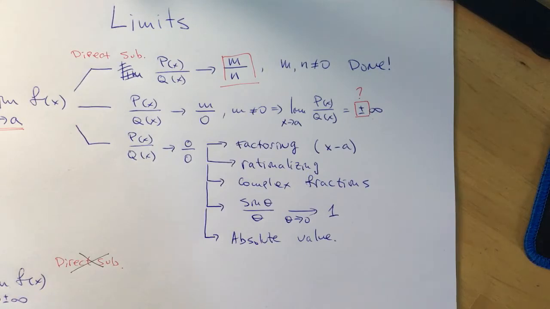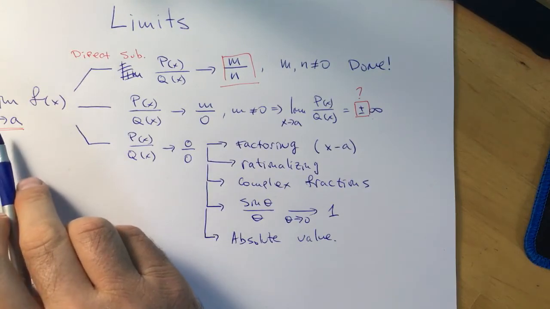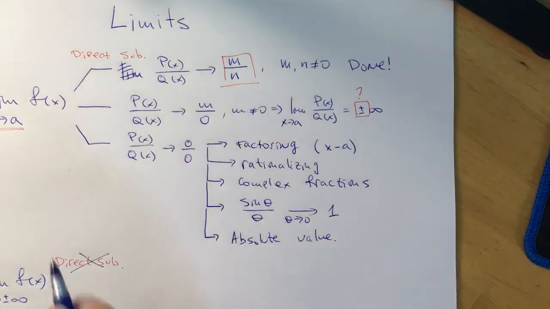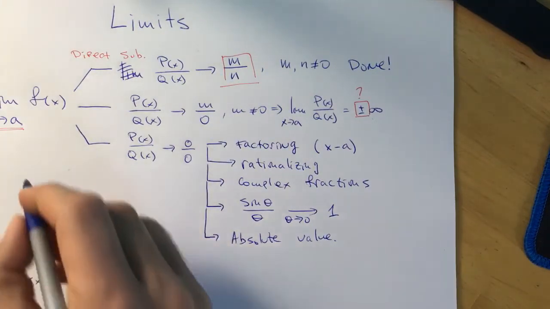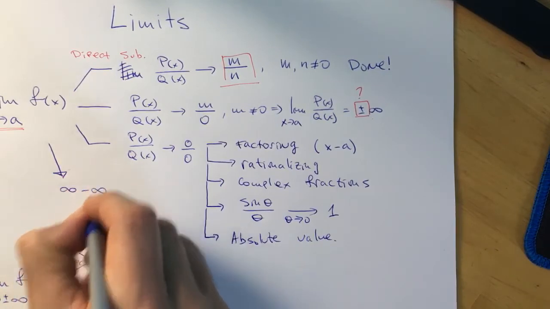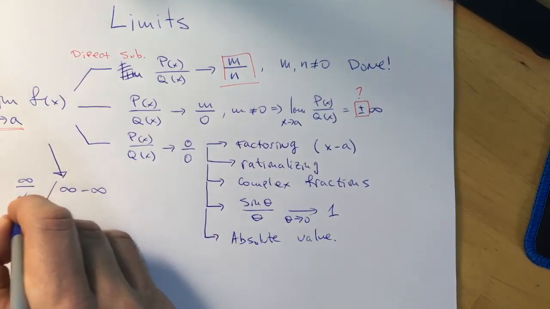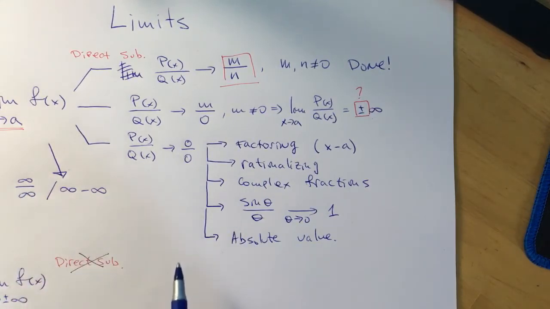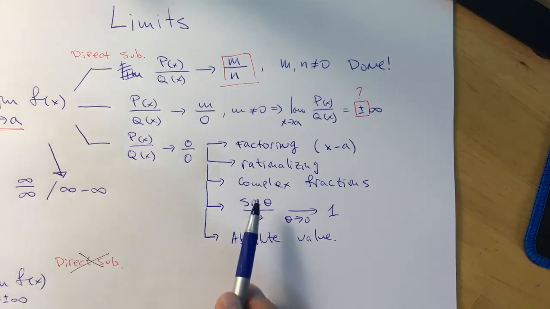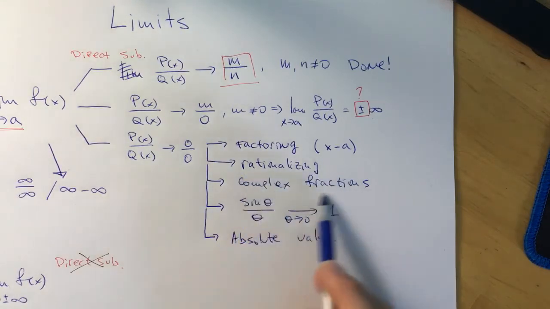What other questions might you get? When x approaches a, you also might get infinity over infinity, and after simplification, that will lead you to 0 over 0. A fourth big group might be infinity minus infinity, or as a matter of fact, infinity over infinity. Usually this is the type of question where complex fractions are involved.